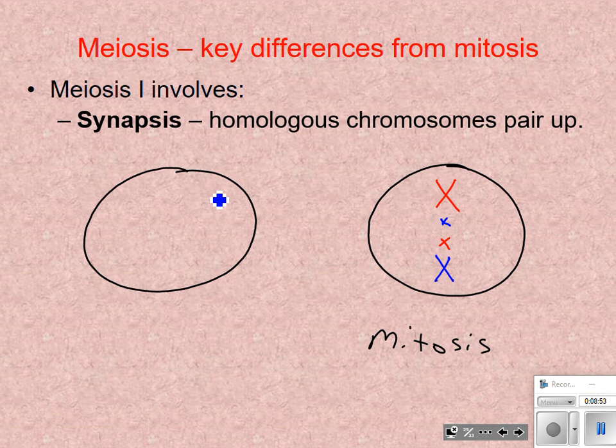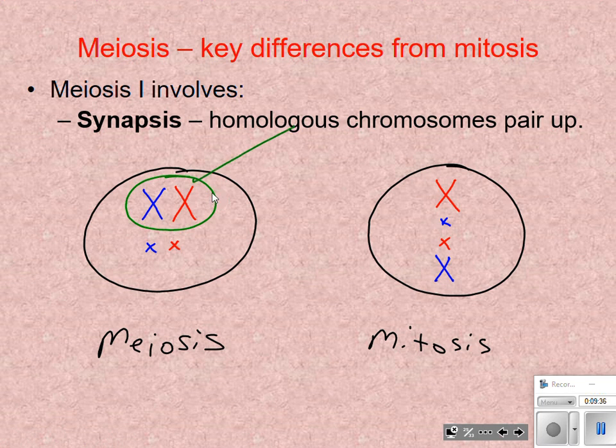Now, when we were talking about meiosis, when we get to that metaphase 1, the big blue X is matched up with the big red X. The little blue X is matched up with the little red X. So, the homologous pairs, that's what these are.